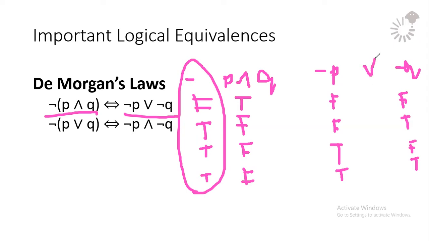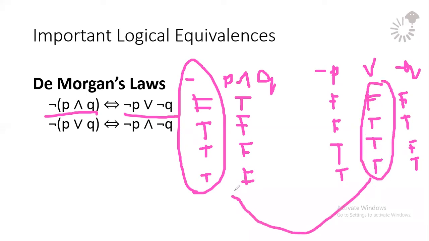Tapos or natin, false or false is? False. False or true is? True. True or false is? True. True or true is true. For this one, false, true, true, true. This is equivalent to false, true, true, true. So equivalent daw sila.